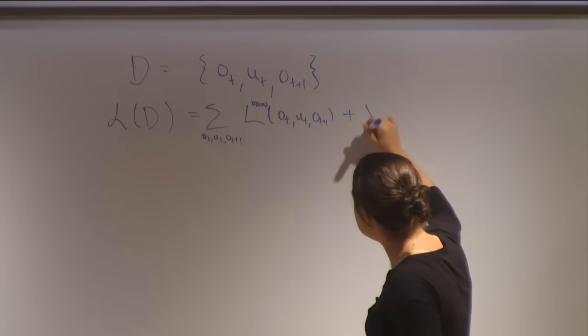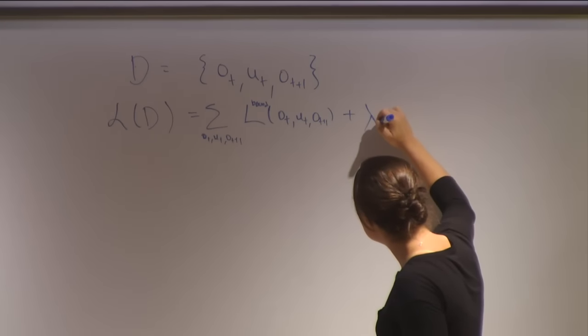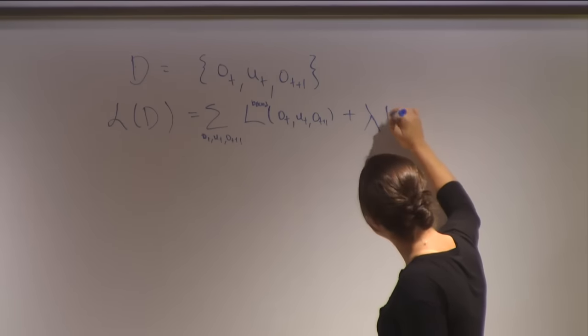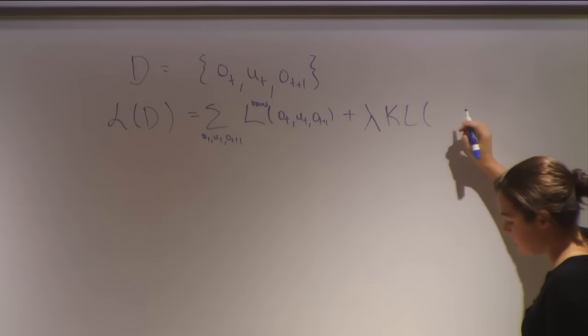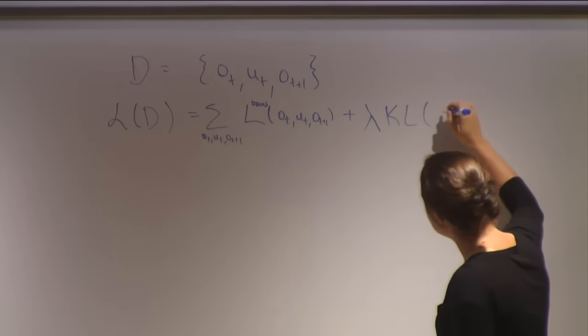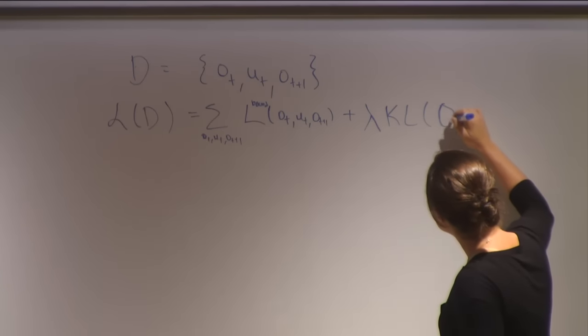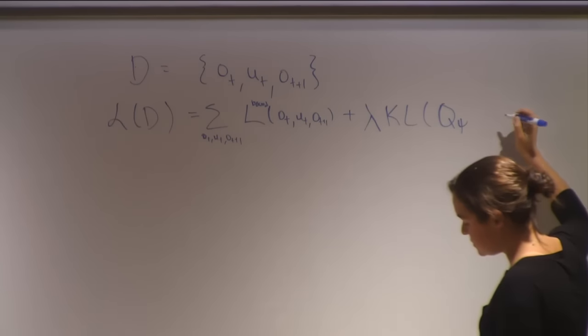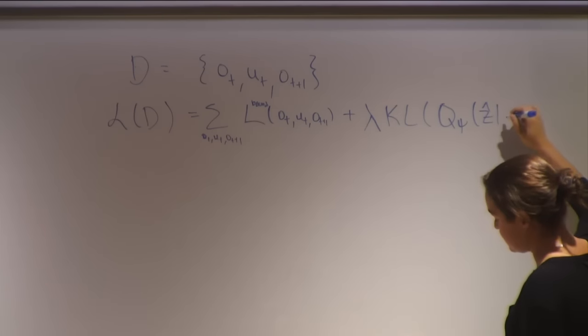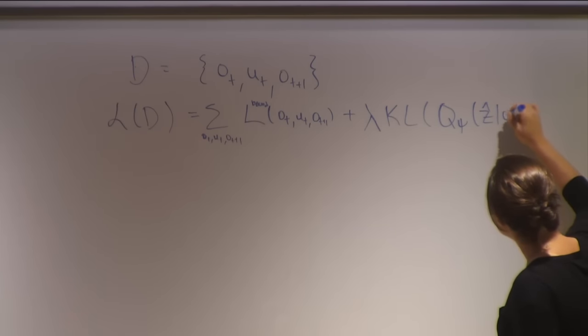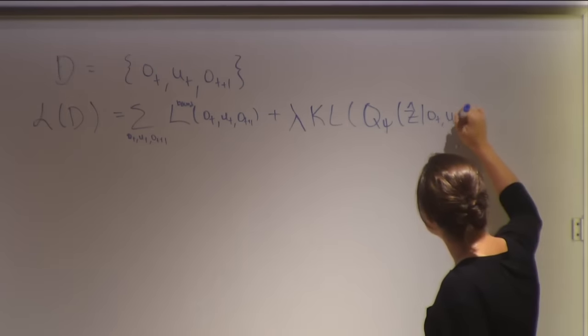Then there's going to be a prior term, the KL between Q of Z hat given OT and UT.